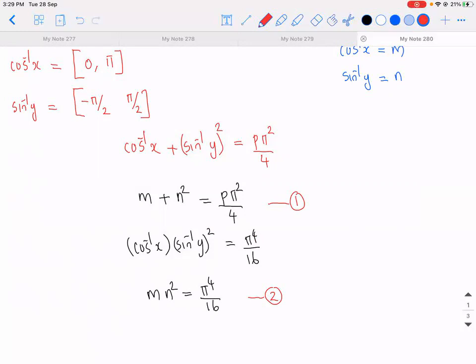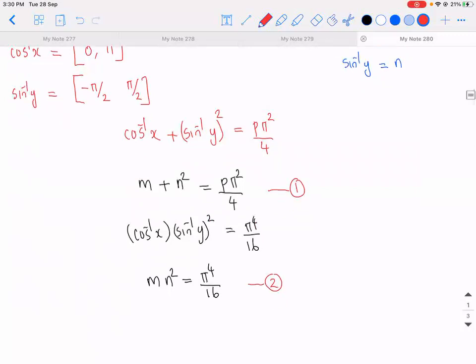Okay, let's see. Anyway, we have already mentioned the principal value branch, or the range, of cos inverse of x and sine inverse of y. Then tell me what will be the range of cos inverse of x plus sine inverse of y squared, because my aim is to find the range of equation 1.